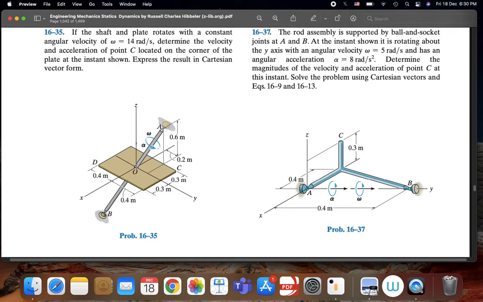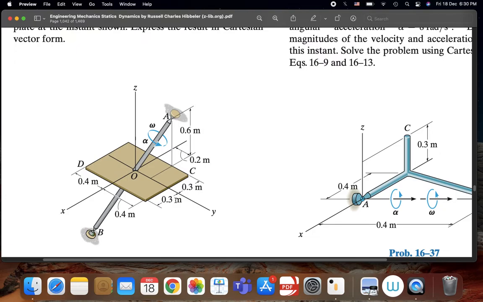Now we have a coordinate system here, right? X, Y, and Z axes. And now we have dimensions. So now we know the dimension of point C, right? So if we go from O to C, we have first to go in the negative x direction a value of 0.3 meters. So this is minus 0.3 in the I direction.